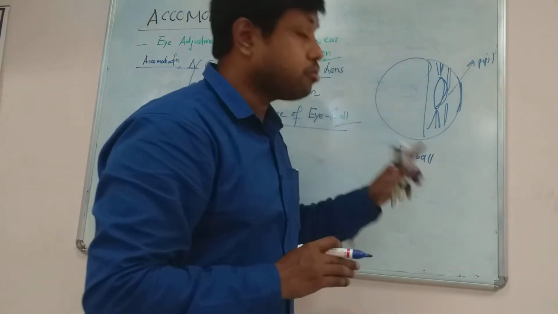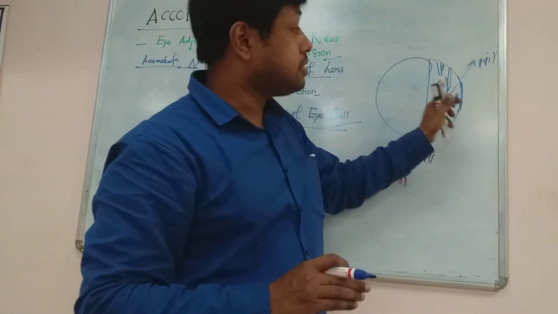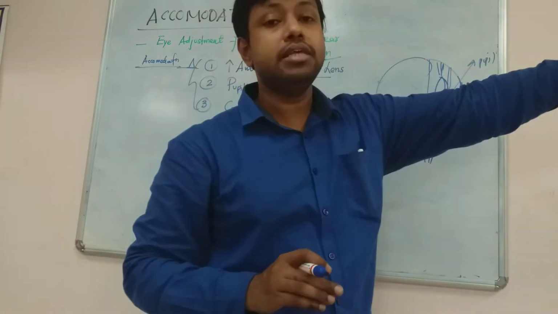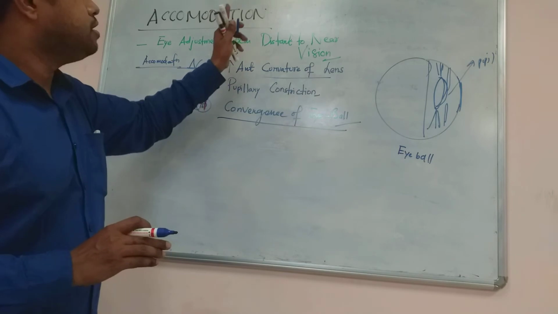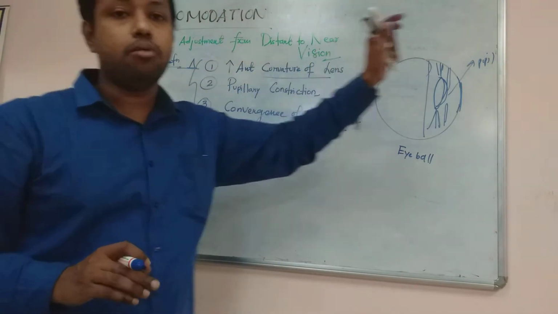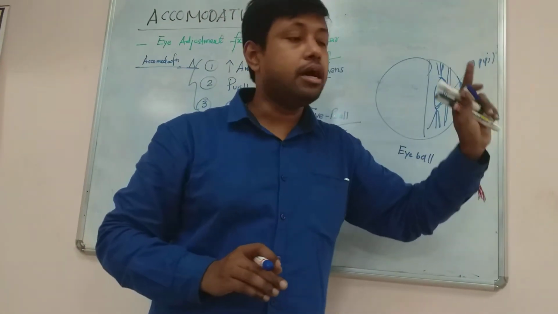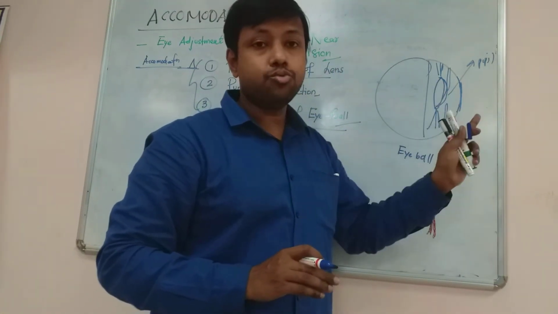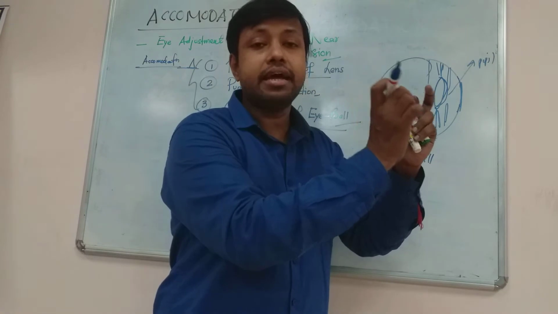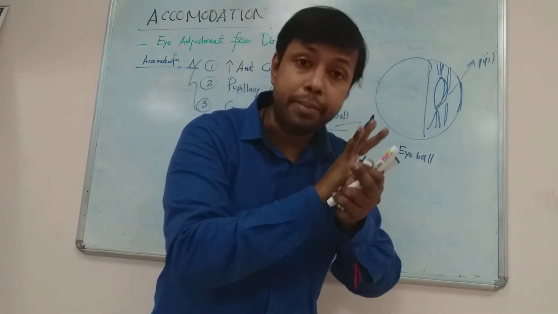The main motto is that when a person sees a distant vision, a parallel ray of light is coming, but the person has shifted his vision from distance to near one. The object has come from distance to near one. Now the object is very much near to the eye. That's why the rays of light coming out from the object will not be parallel.